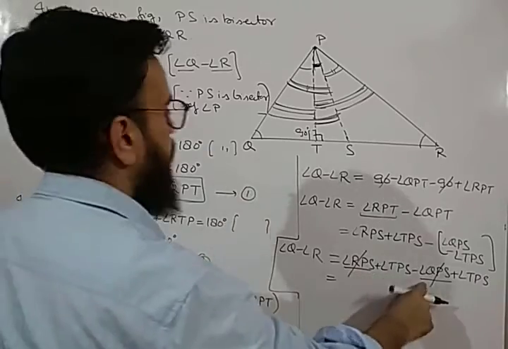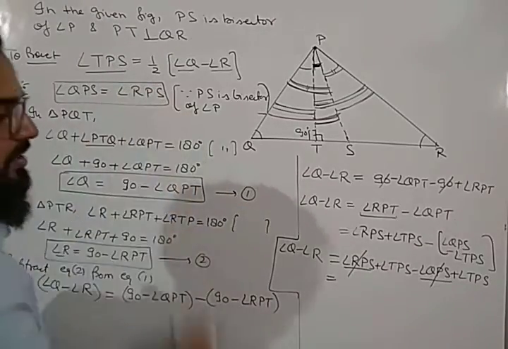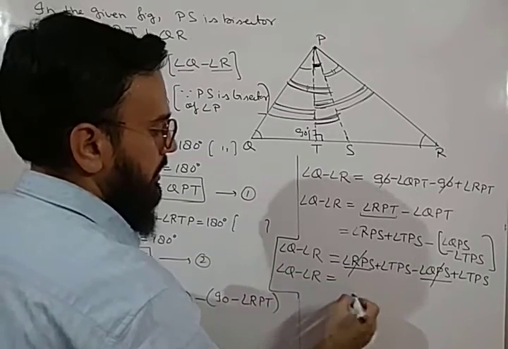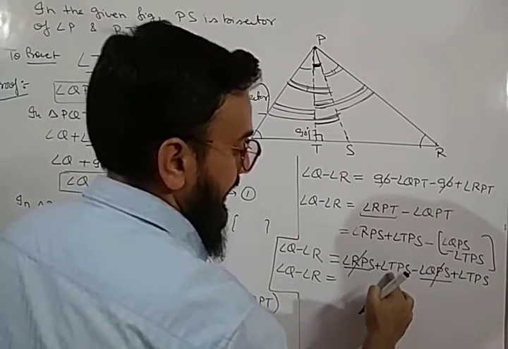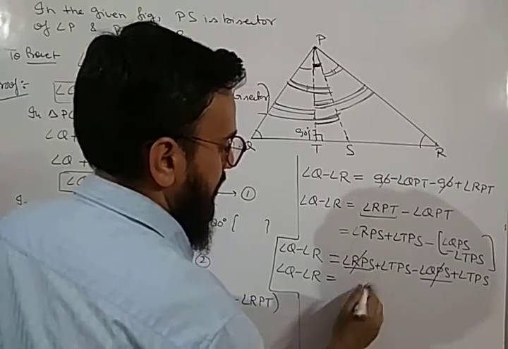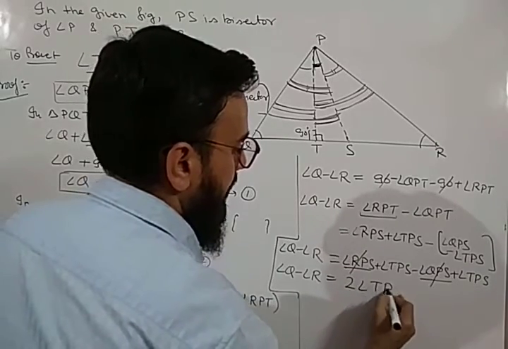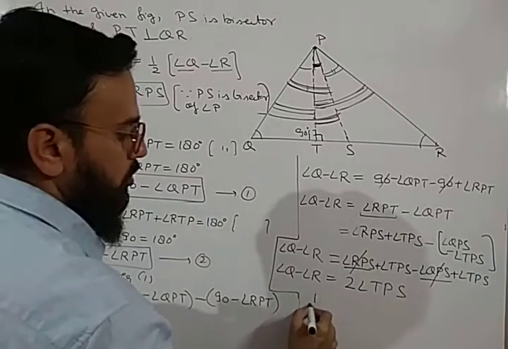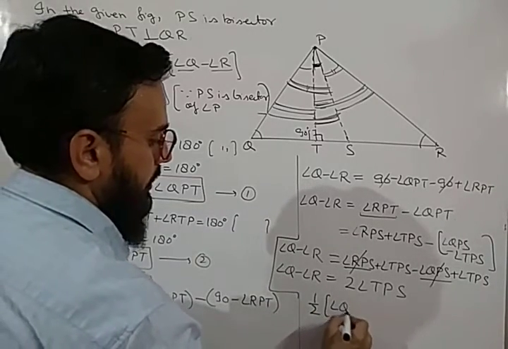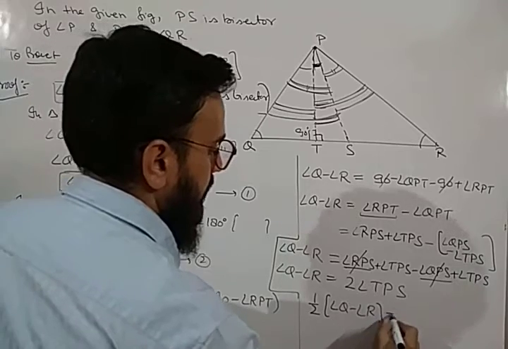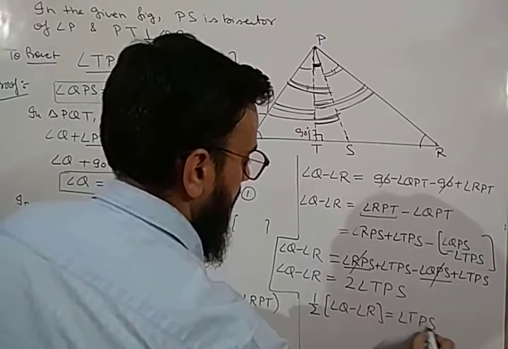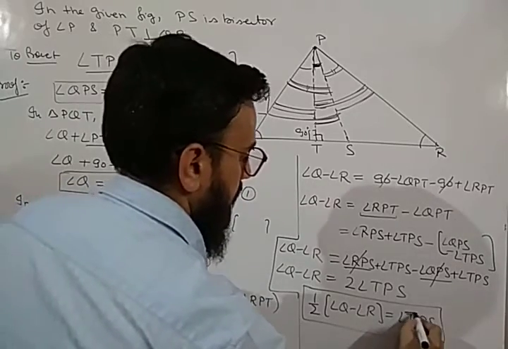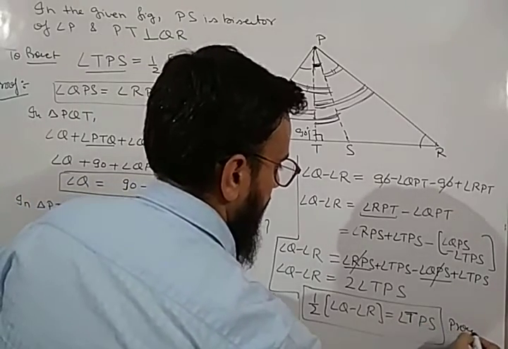So we get angle Q minus angle R is equal to angle TPS plus angle TPS, which is twice angle TPS. If we divide by 2 on the left hand side, we get half of angle Q minus angle R is equal to angle TPS. And this is what we have to prove. So we have proved this particular question also.